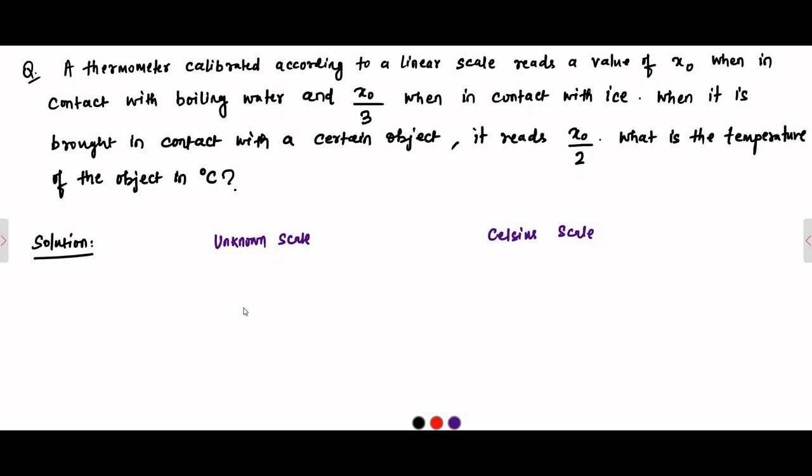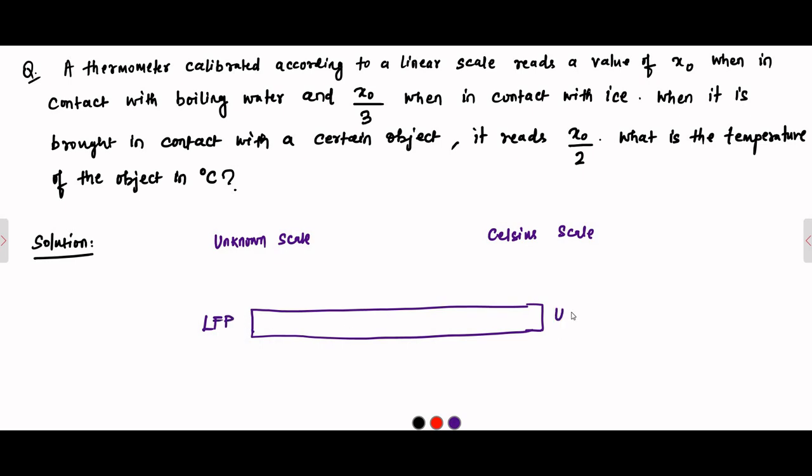So let us just compare the two. Let's say this is the scale. We have a lower fixed point and upper fixed point. Lower fixed point is generally ice point. Upper fixed point is the steam point or the boiling point.